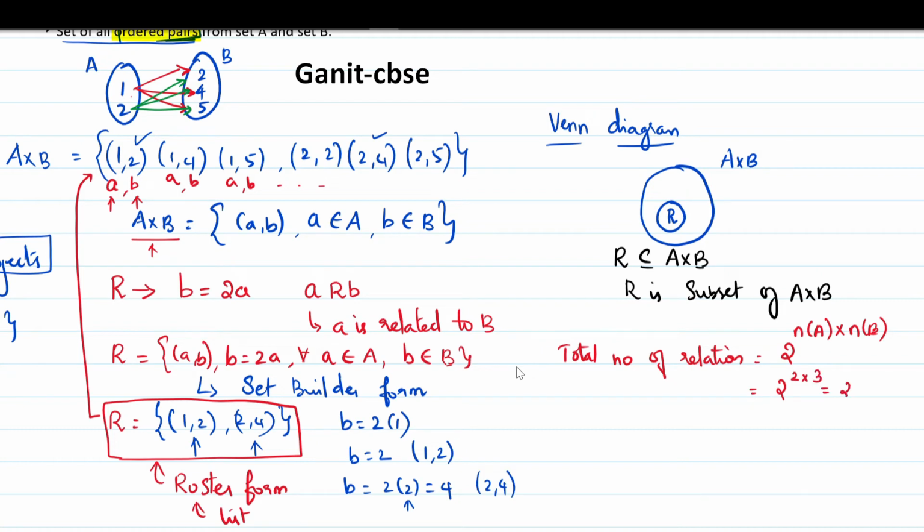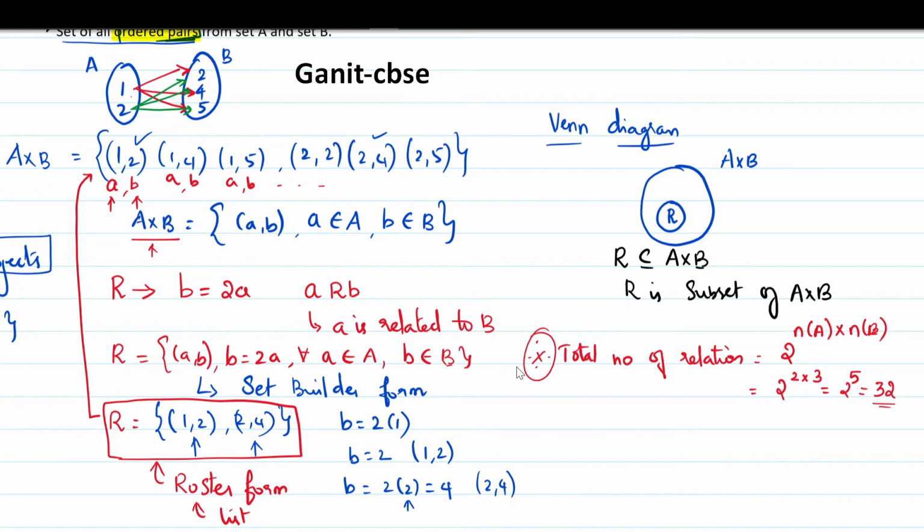So you get 2 to the power 5, which is 32 relations. So you will get 32 subsets.